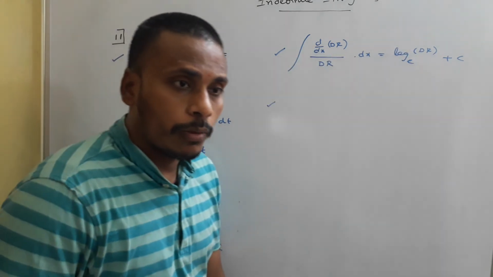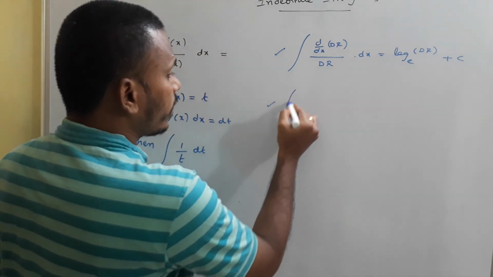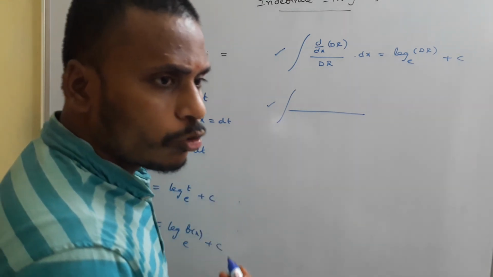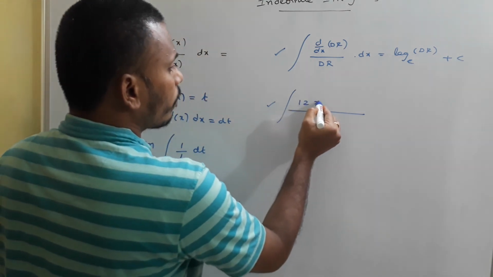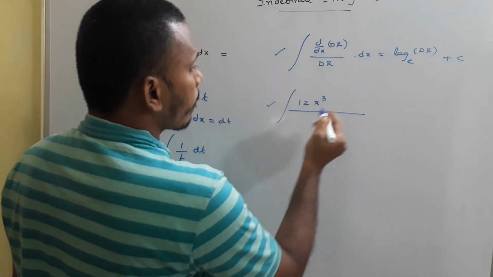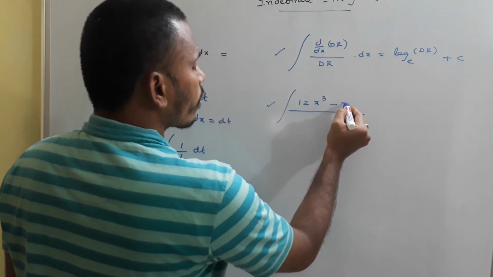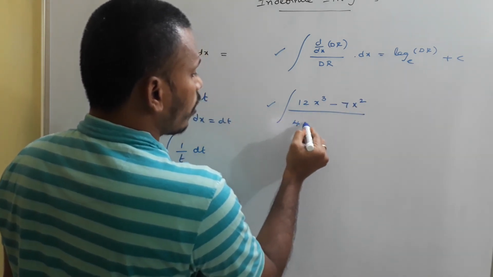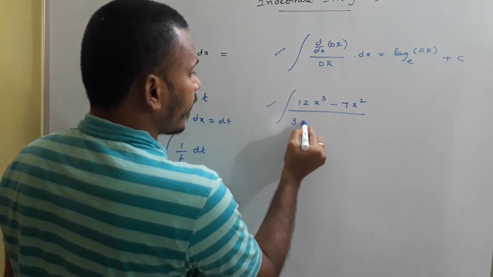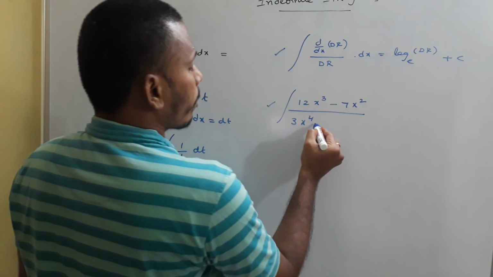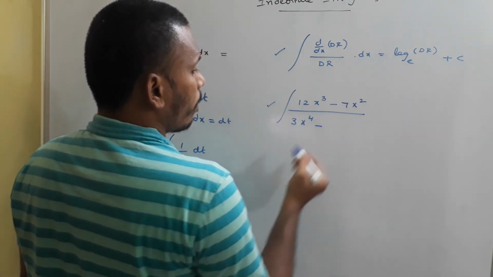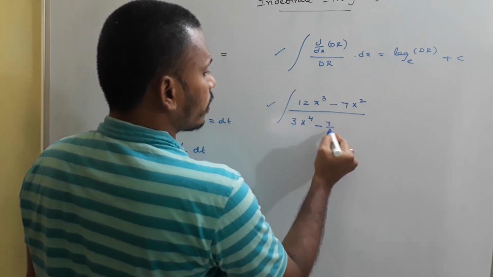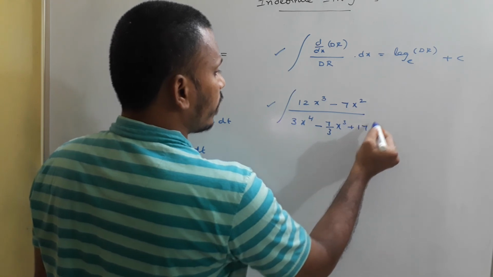I will give you some simple problems. Suppose I have the integral of 12x cube minus 7x square in the numerator, and in the denominator 3x power 4 minus 7 by 3 x cube plus 17, dx.